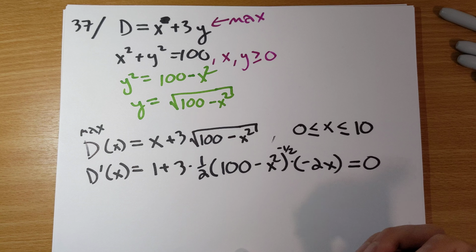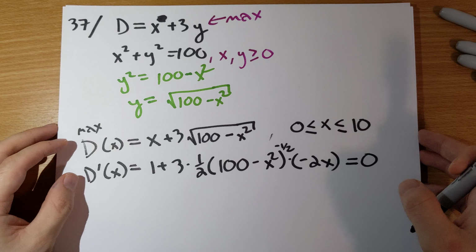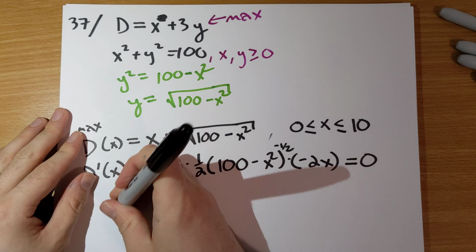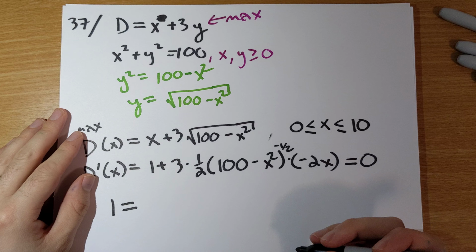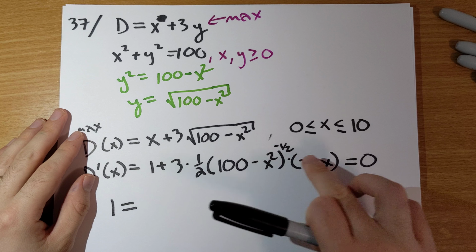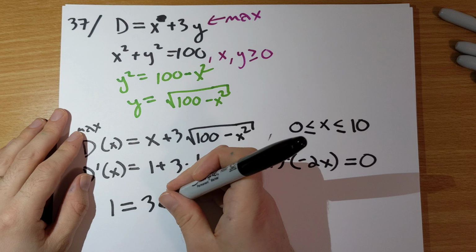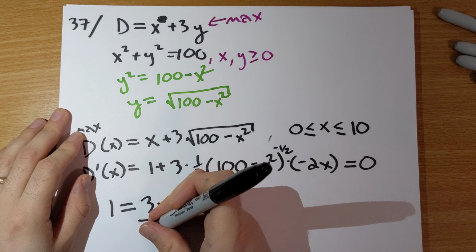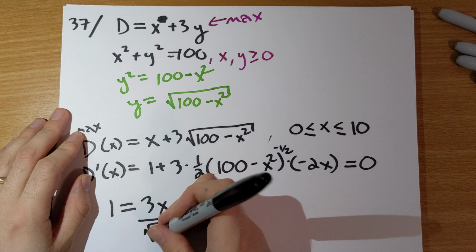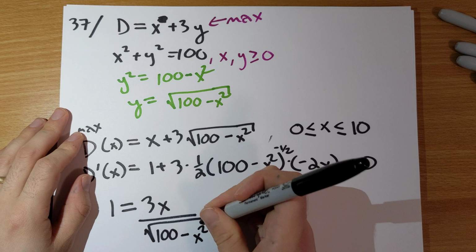And that's already taken care of by an endpoint, so we don't have to worry about that. Okay, so let us work on solving this. Rearranging a smidge here, I think we should end up with 1 is equal to 3x divided by the square root of 100 minus x squared, since that 2 will cancel.